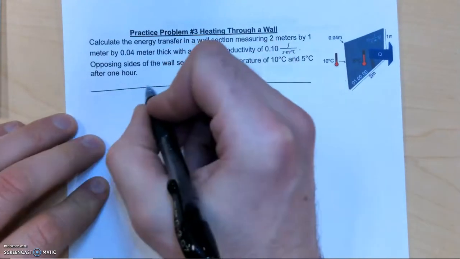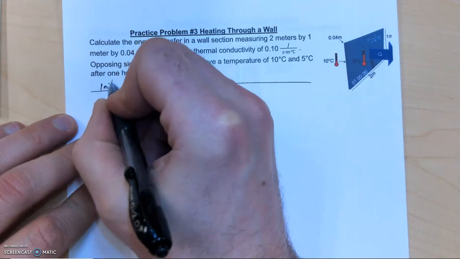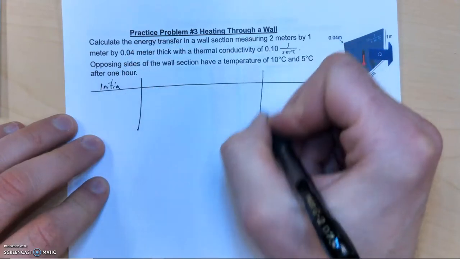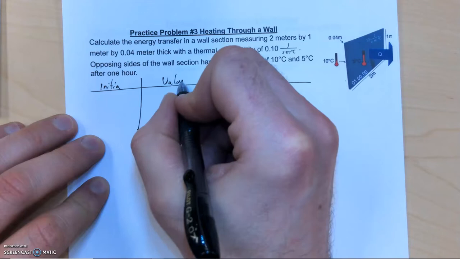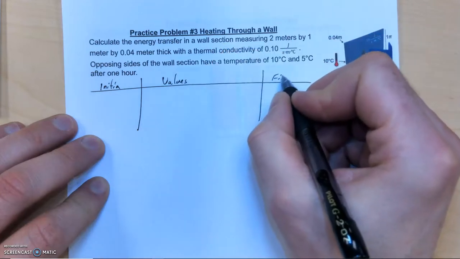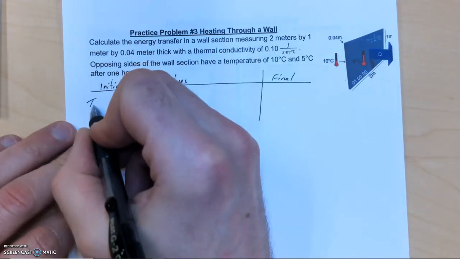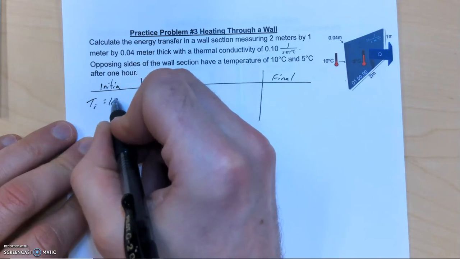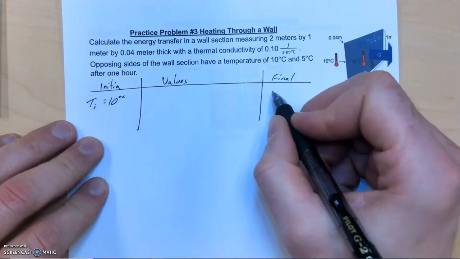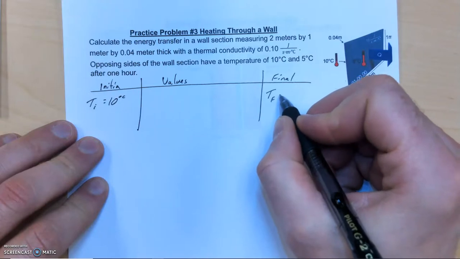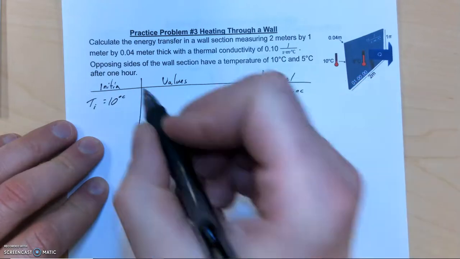As before, let's write down what we know. So our initial values and our final. Well, we know our initial temperature, Ti, is 10 degrees Celsius. We know our final temperature, Tf, is 5 degrees Celsius.